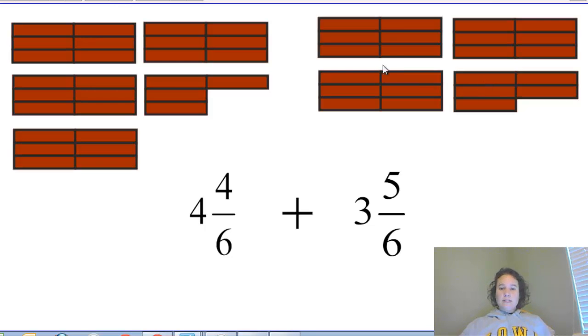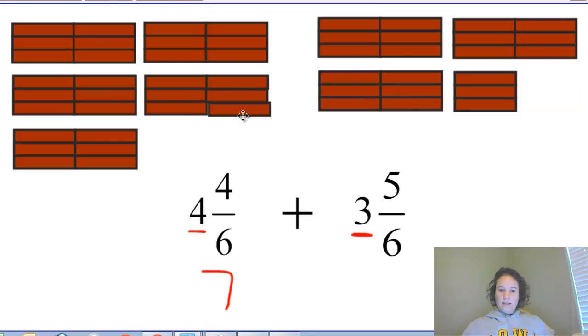Now you can kind of see, you can count up the whole candy bars, 7 whole candy bars, which is what I would get if I added these 2 whole numbers together. So if I added the 4 and the 3, I would end up with 7 whole candy bars. Plus, I could move 2 of these 6 over like this, and you can see that I would make another whole candy bar, plus then I would have a half left over.